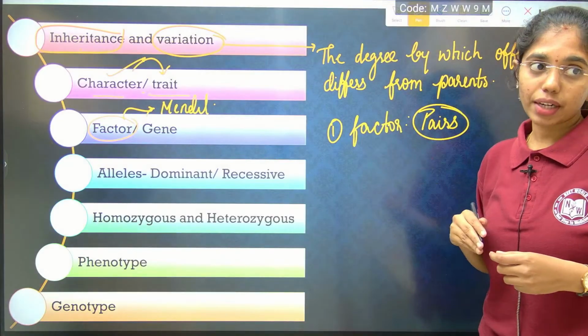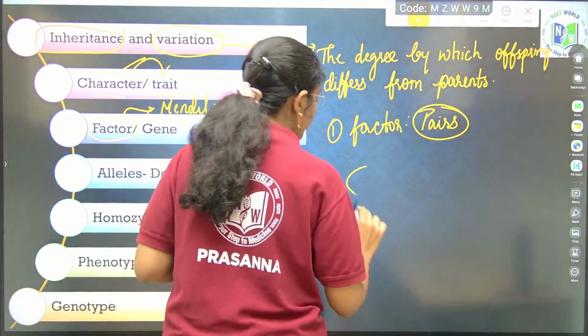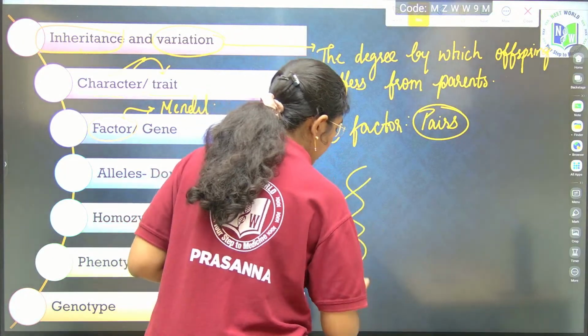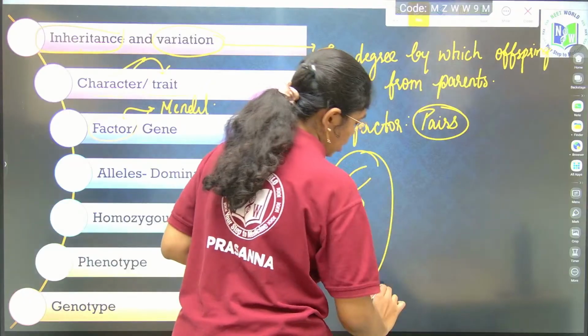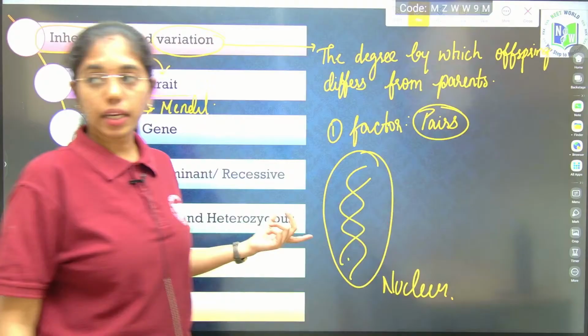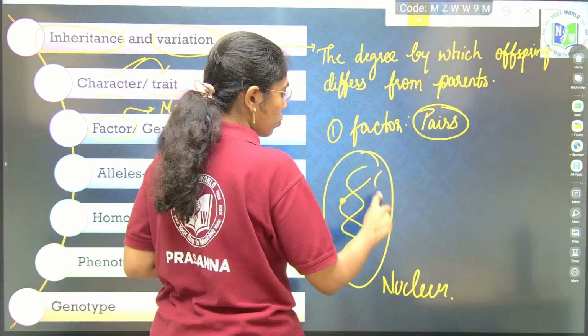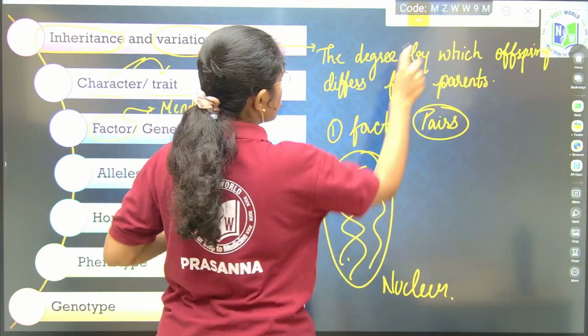Where are these factors present? Over DNA. Let us assume the double-stranded DNA in a nucleus. Those factors are present in two successive chromosomes, in homologous chromosomes.